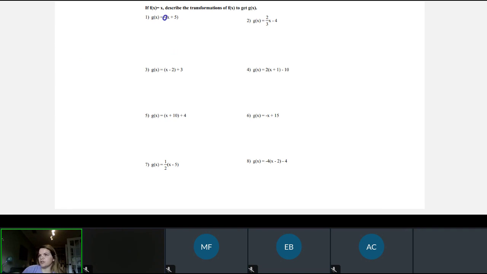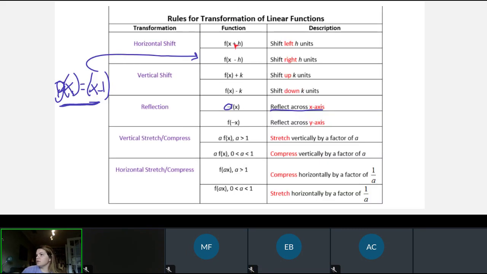So I'm going to first write reflected across the x-axis. I got that because I saw the negative sign out in front, and when I look at my rules, that's a reflection across the x-axis.